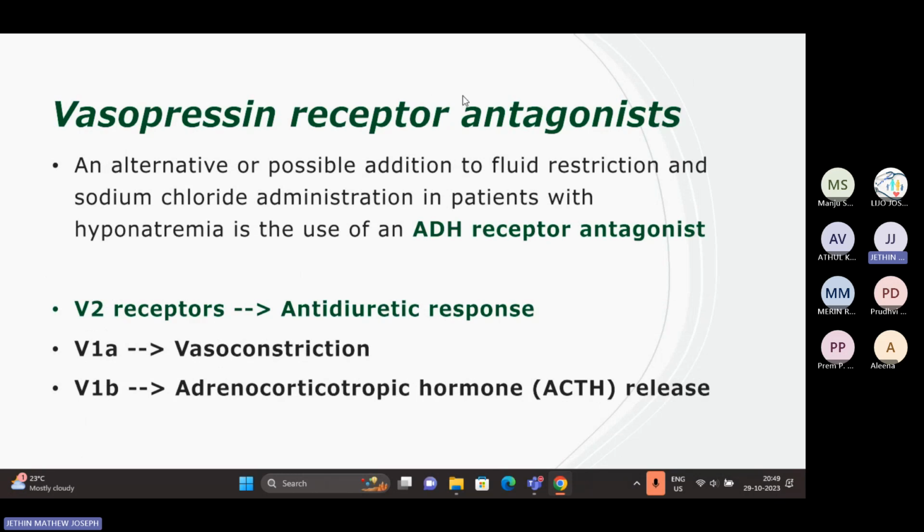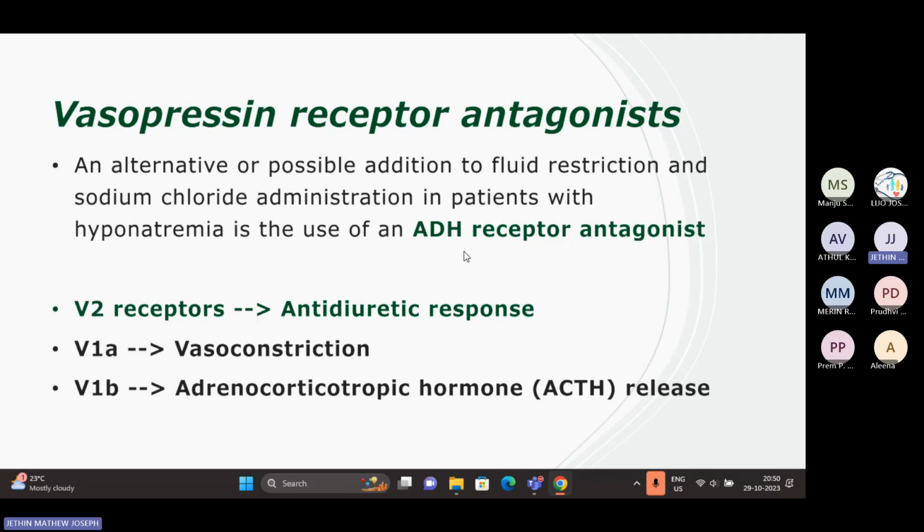Another type of medication which we'll commonly come across in rural centers is vasopressin receptor antagonists. Vasopressin receptor antagonists are an alternative or possible addition to measures such as fluid restriction and sodium chloride administration. There are different kinds of ADH or vasopressin receptor antagonists.